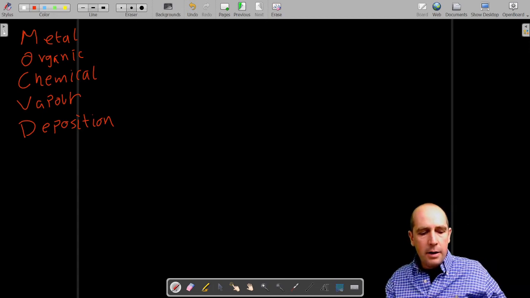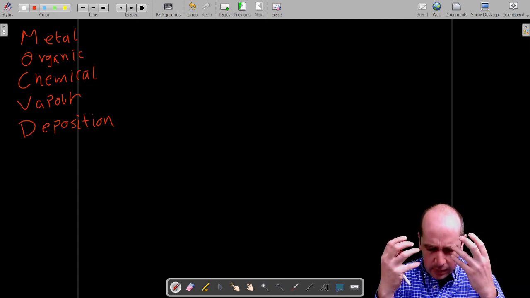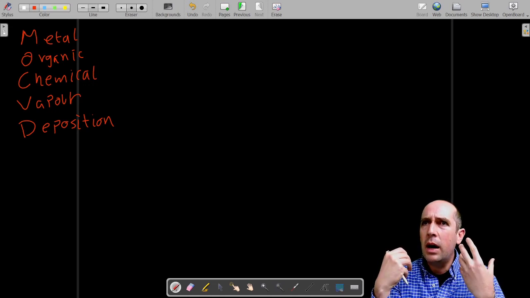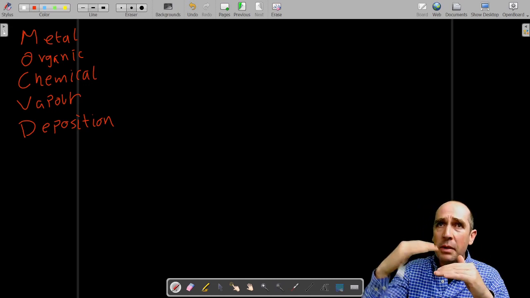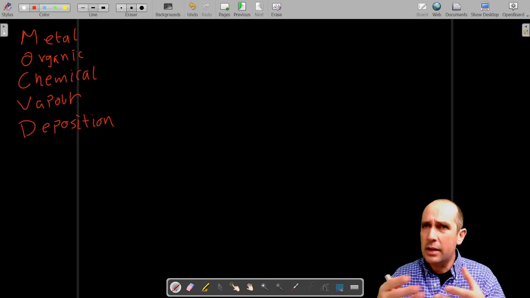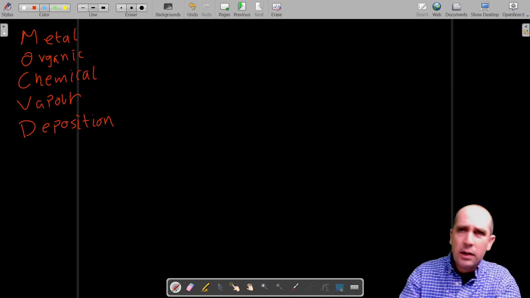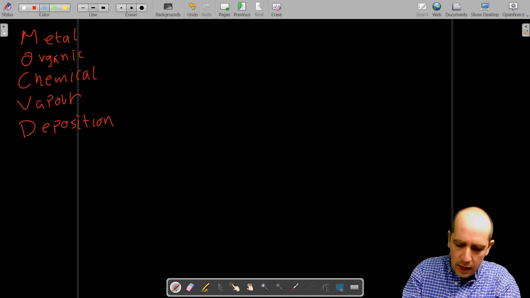And this technique is in principle similar in the sense that it's also an epitaxial technique, just like MBE. However, the way the crystal is grown is very different.